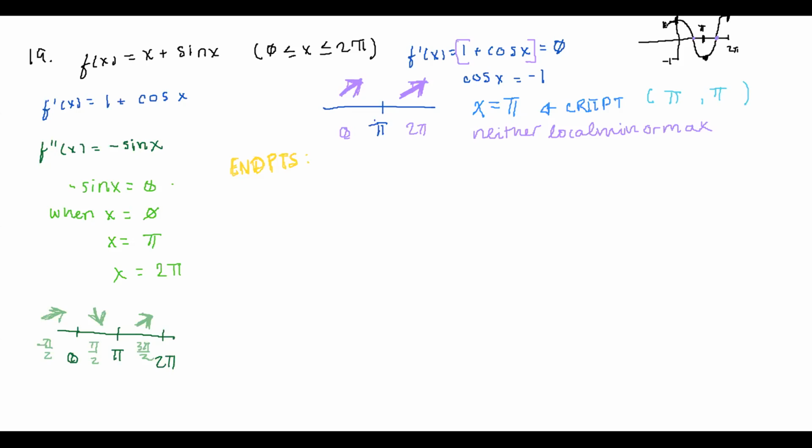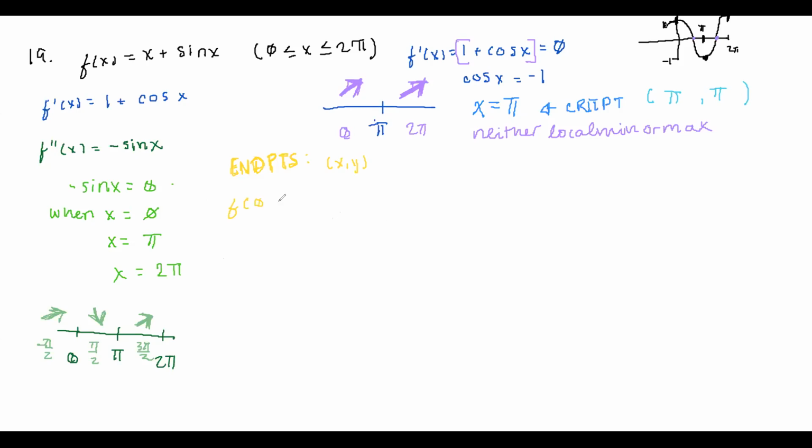I would need to know what the coordinate points are, right? I would need an x value and a y value at the endpoints. What function am I going to put my x values into? f, f prime, or f double prime? The original, exactly.